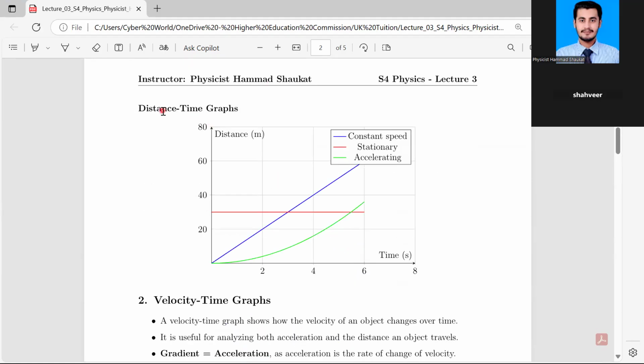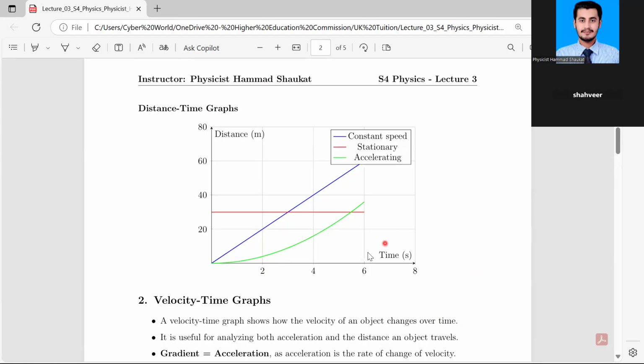Here is the distance-time graph. Is it visible to you? Yes. So you can see here, this is the x-axis, the horizontal line, and this is the vertical line. Vertical lines are called the y-axis, whereas the horizontal axis is also called the x-axis.